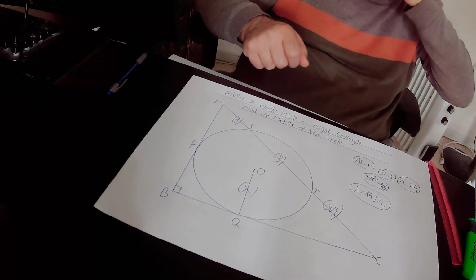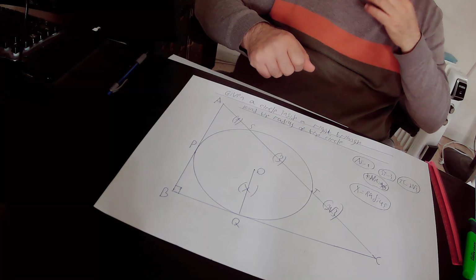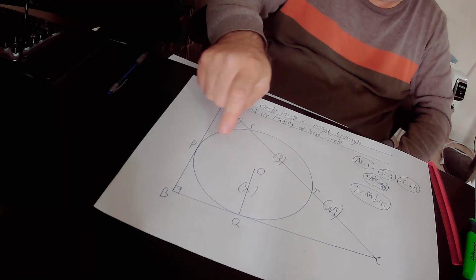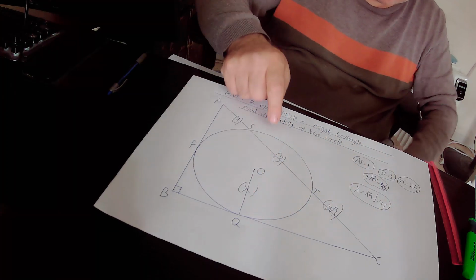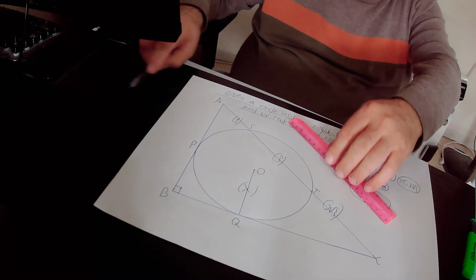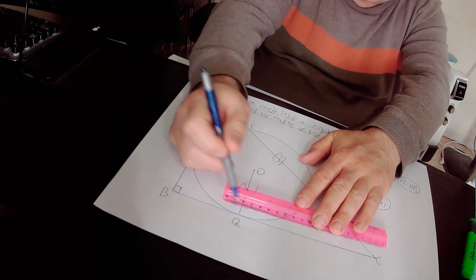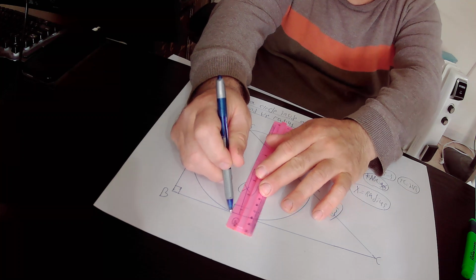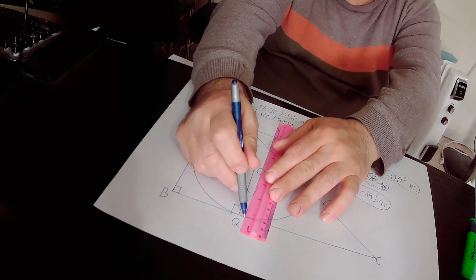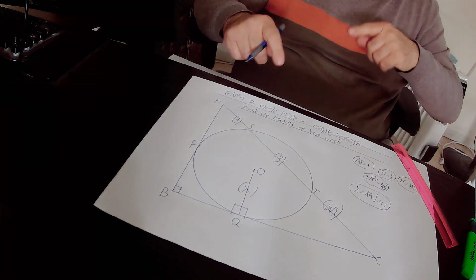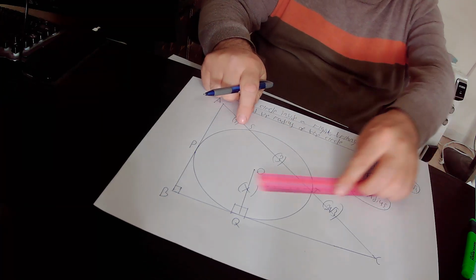And whenever you have a radius that is drawn to the point of tangency, then tangent BC will be perpendicular to the radius QO. If BC is perpendicular to QO, it means that this angle equals 90 degrees, and this angle also equals 90 degrees according to rule 1. Likewise, we join points O and P together by a straight line.